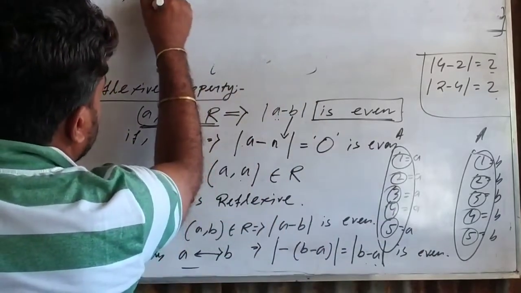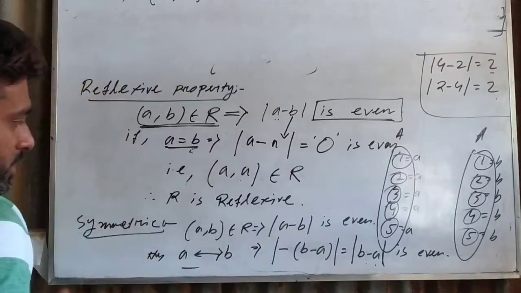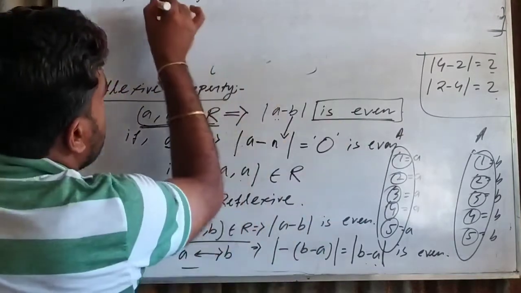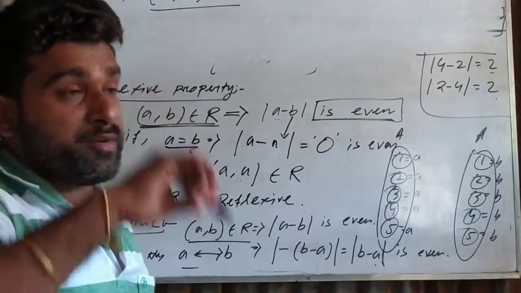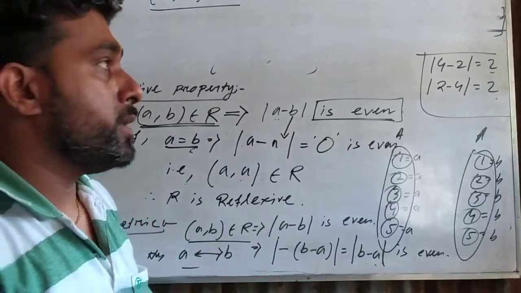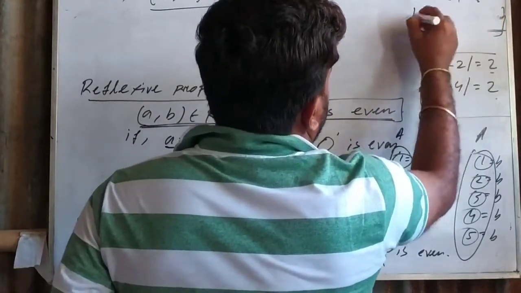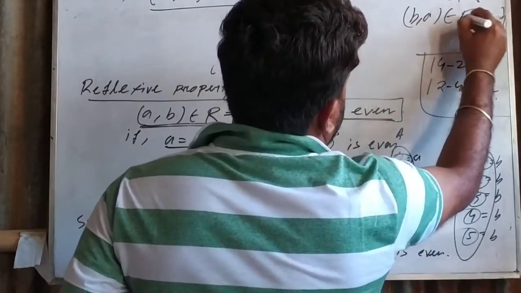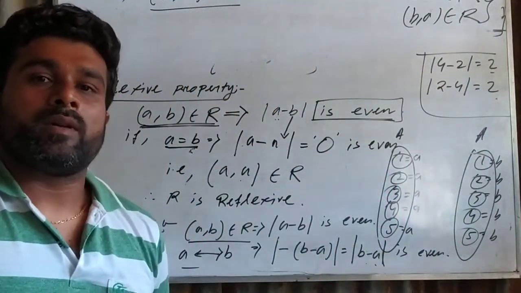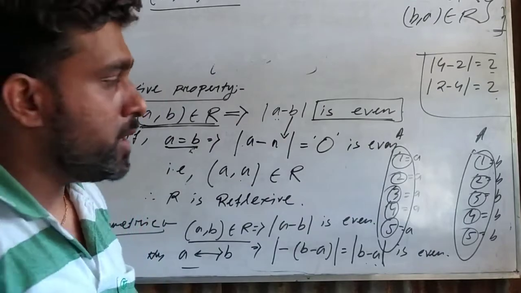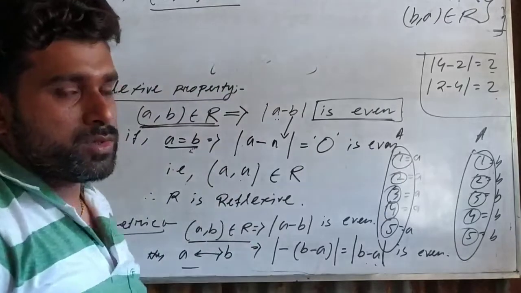That means the ordered pair (b, a) also belongs to R. So here you can see (a, b) belongs to R and (b, a) belongs to R. As I told you in the symmetric property discussion, if (a, b) belongs to R and (b, a) also belongs to R, then this relation can be called a symmetric relation.